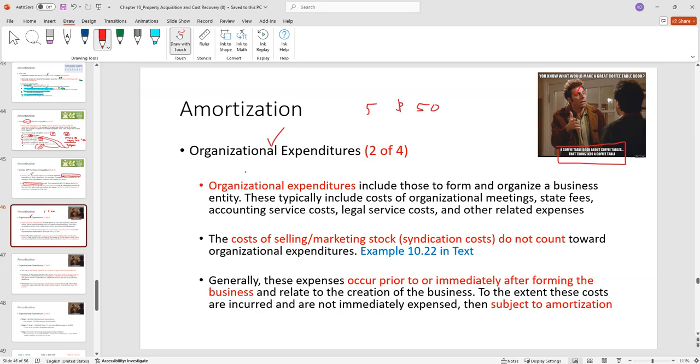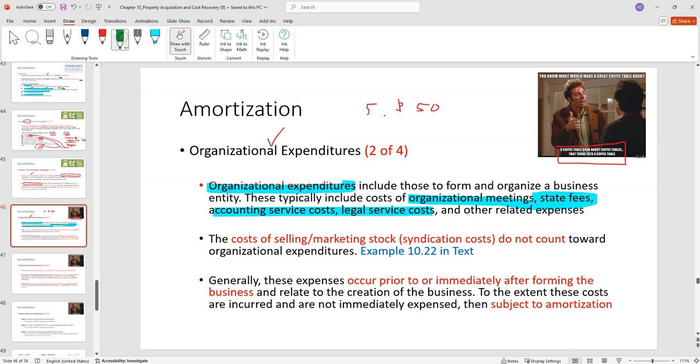So the code says, look, you want to start a business. We know that you're going to have some organizational expenditures whenever you form that business. They have a very specific definition here: meetings, fees, accounting, legal, typically accounting and legal.